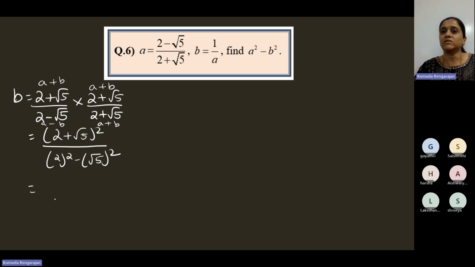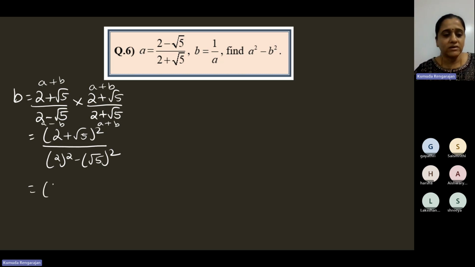Now expand the numerator. What's A plus B the whole square? A square plus 2AB plus B square.